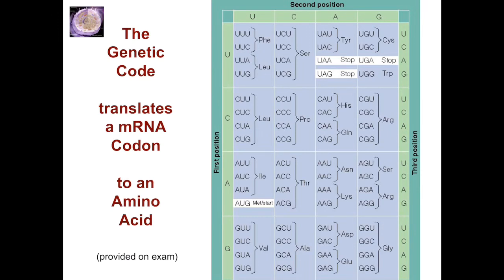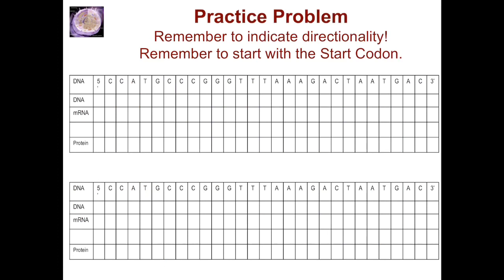Okay, so it's the mRNA, and that mRNA is read 5' to 3', and the amino acid is then laid down. Okay, so here's a practice problem that will be similar to something on the test. I'll give you a DNA. You have to figure out what the other DNA strand is using complementary base pairing.